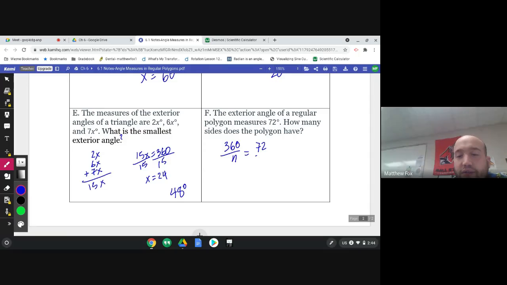If you want, put 72 over 1 and then cross multiply. We'll get 360 equals 72n. Divide by 72. Divide by 72. And n will have to equal 5. So we have 5 sides.